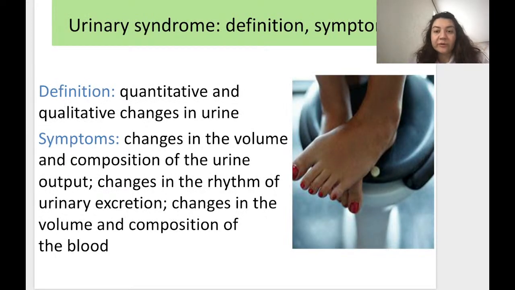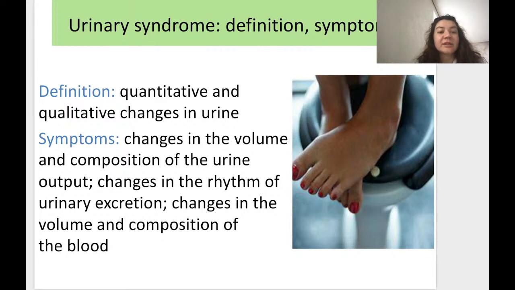And syndromes. The first syndrome for today is urinary syndrome. Urinary syndrome is quantitative and qualitative changes in urine. It is an absolutely laboratory syndrome. It includes just changes in urine, and when we find these changes in patients, we can in general name it urinary syndrome.